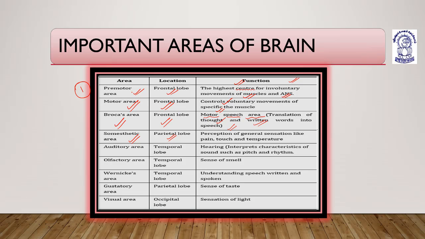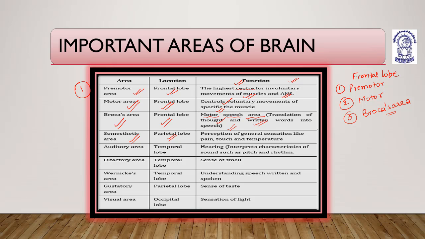So frontal lobe is having premotor area, motor area, and Broca's area. Then comes parietal lobe.